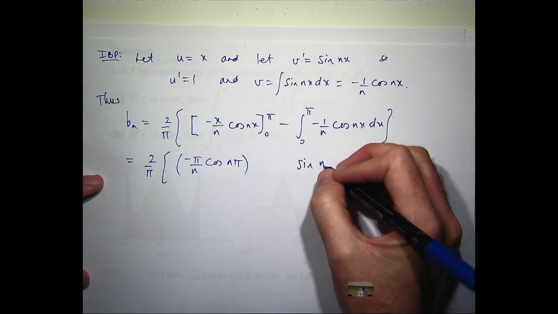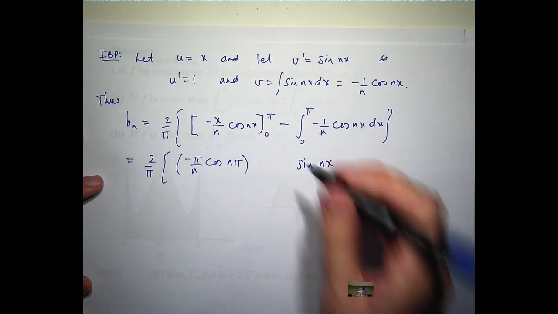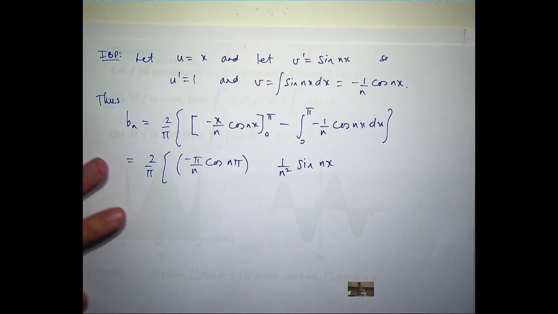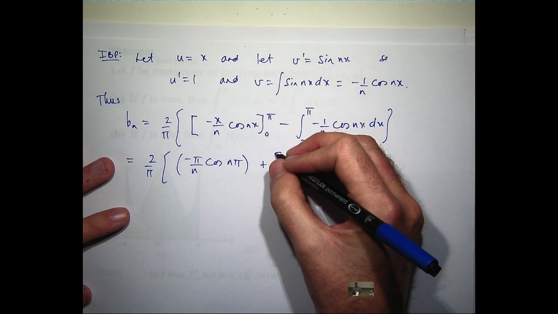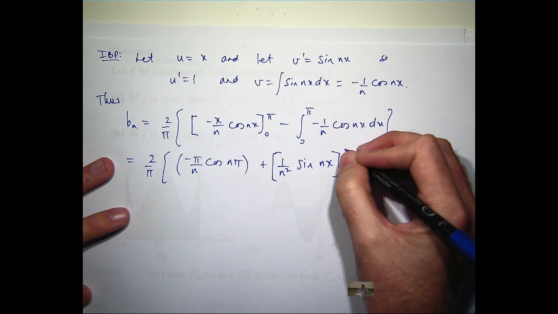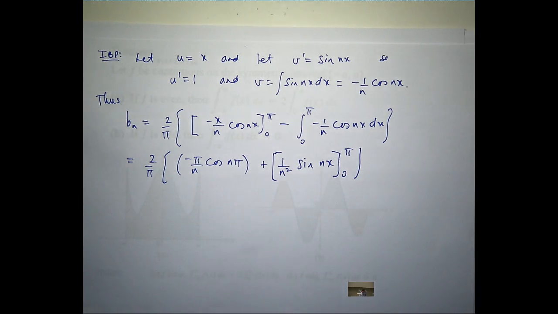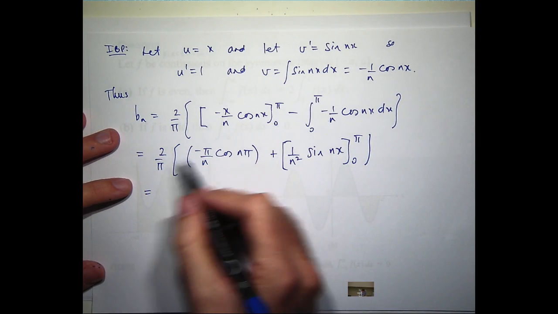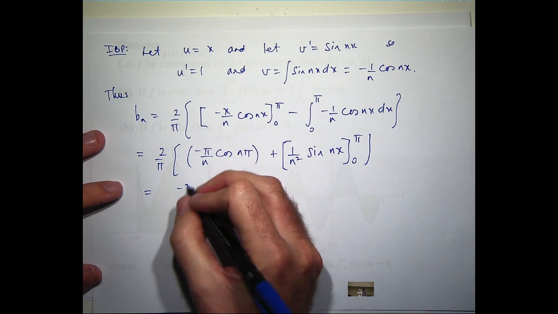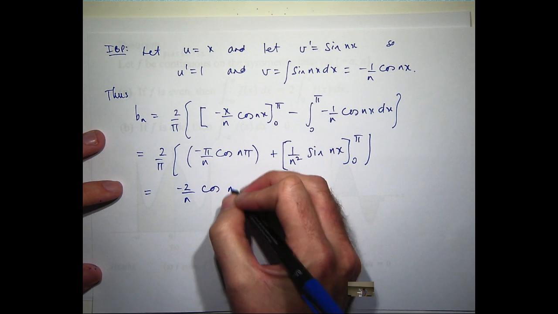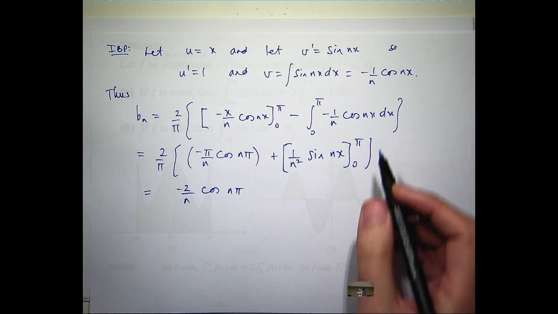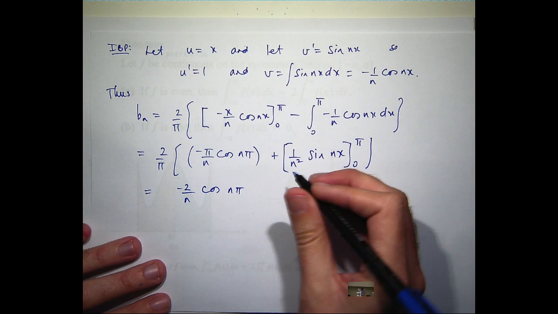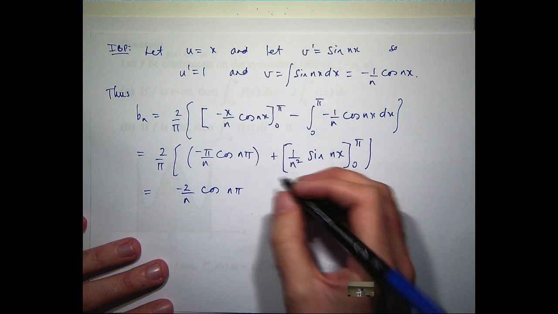But just like up here, I have to divide through by another factor of n. So I'm going to get something like this. Okay. So now that pi is going to cancel out with that. And when I sub in x equals 0, the whole thing's going to go to 0. And I sub in x equals pi, I'll get something like this.